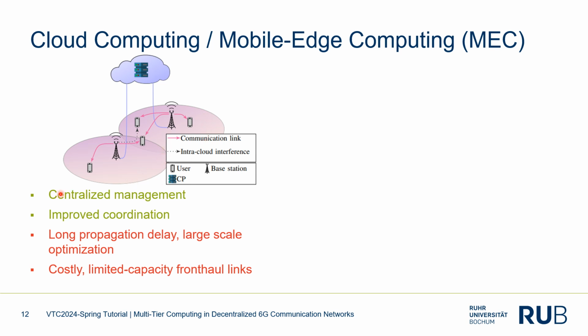However, there are long propagation delays from the edge users to the CP and back. Since everything has to be done centrally at the CP, we end up with a large-scale optimization. Furthermore, the fronthaul links are usually costly to deploy and limited in capacity.